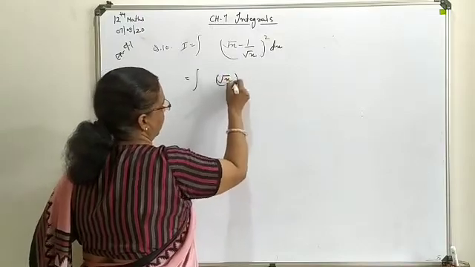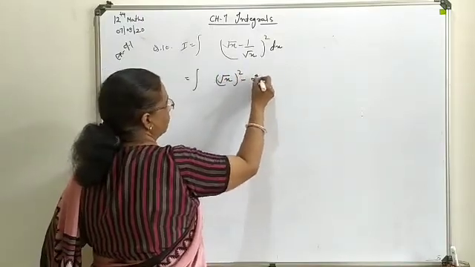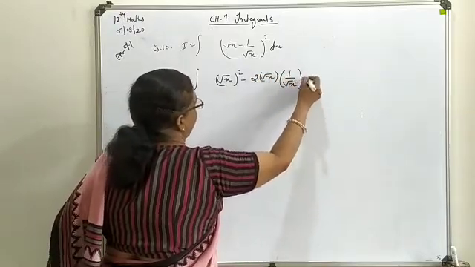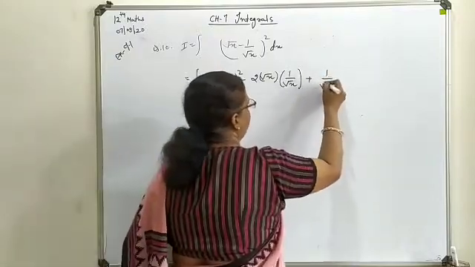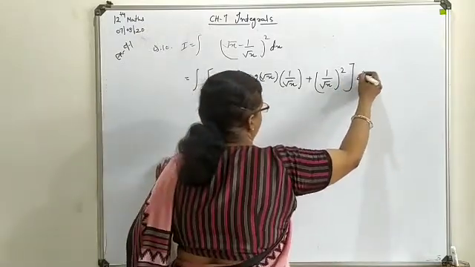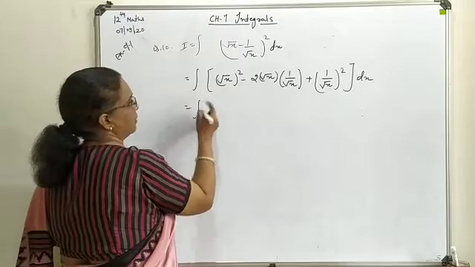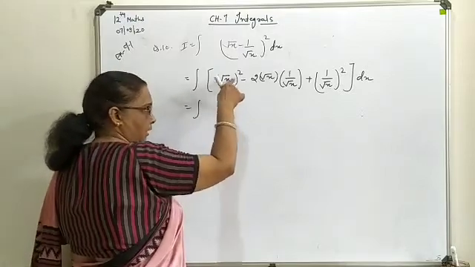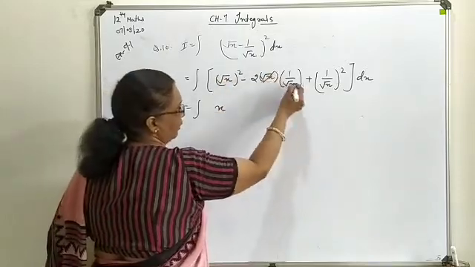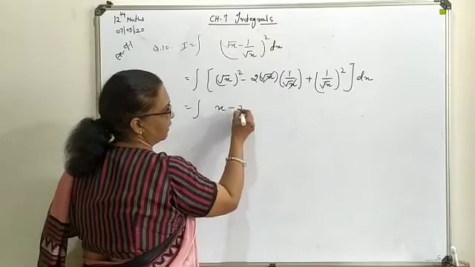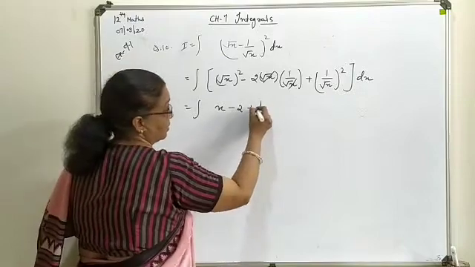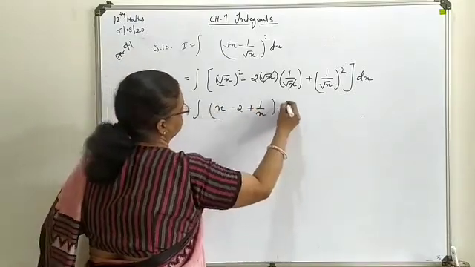Under root x whole square minus the middle term 2 under root of x into 1 by under root of x, plus (1 by under root of x) whole square. You know a minus b whole square very well. Now make it square. Under root x squared gives you x only. Here the under root x cancels, so minus 2 is left. This is 1 upon (under root x) whole square, meaning you are left with 1 by x.